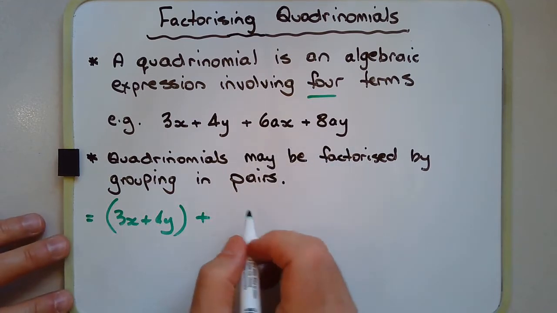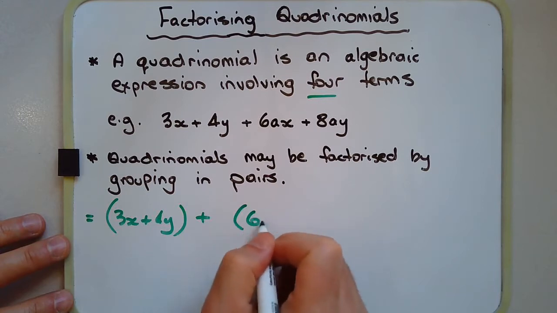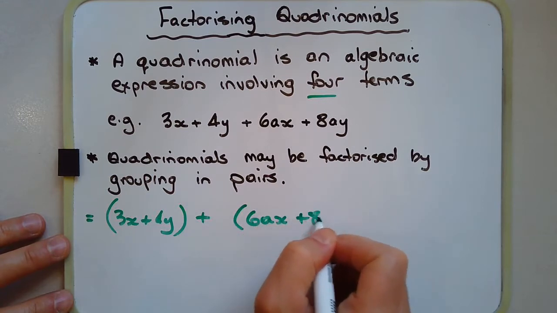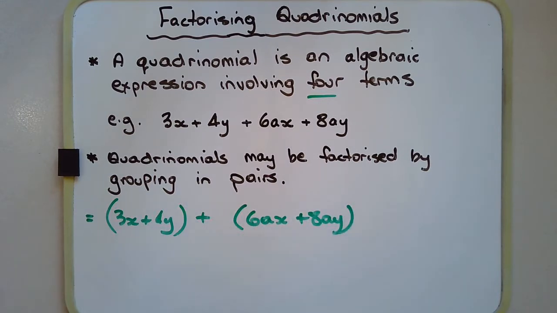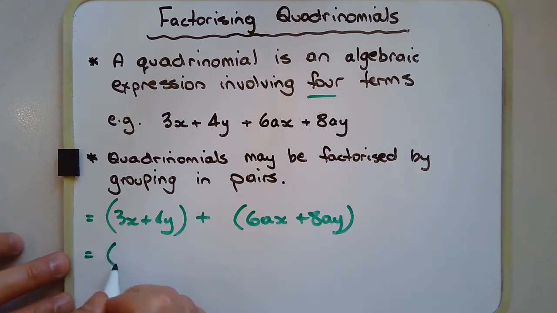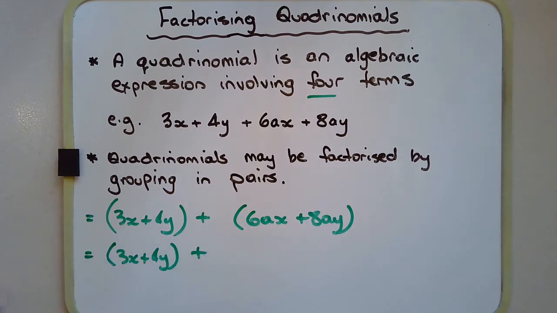I'm going to group those together. Now, for the first pair of terms, there's nothing we can factorize out of that. But let's have a look at the second pair of terms. I'm just going to write the first pair there.